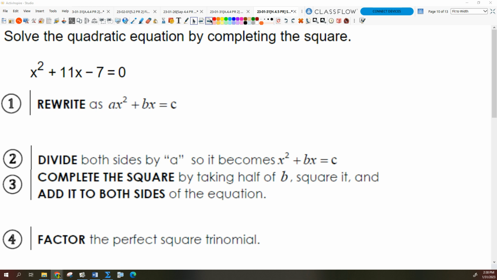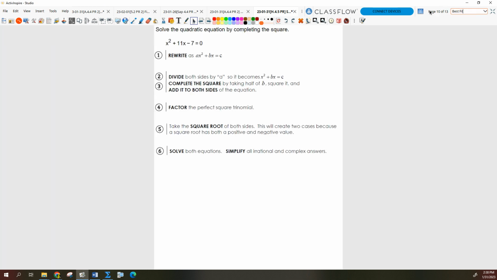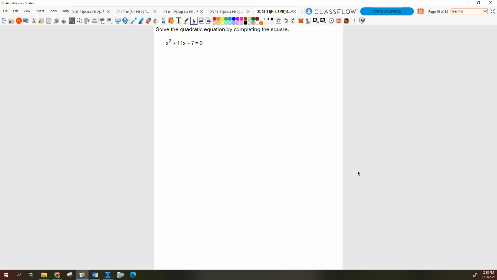Plus 11x minus 5.5. Is that what you actually did? Plus or minus the square root of, that'd be, so, oh yeah, we're supposed to do fractions. Yeah? Oh well, mine's a decimal. What's 7 times 4? 28. 28 plus 21.